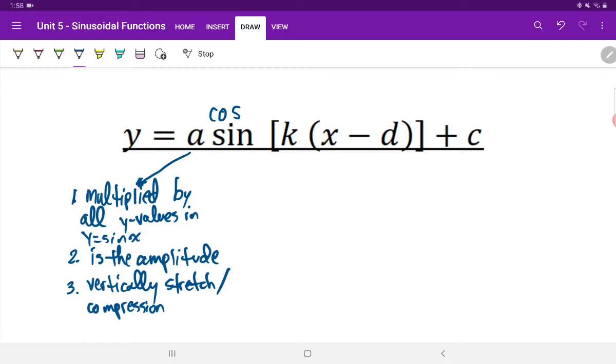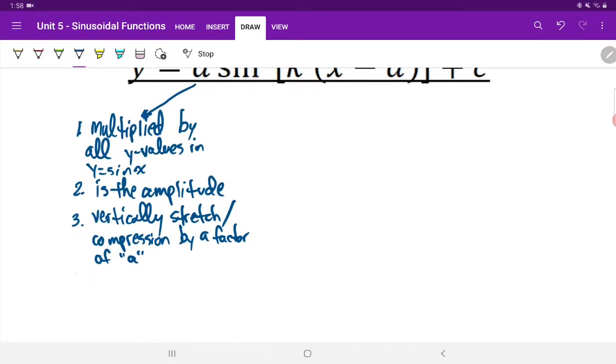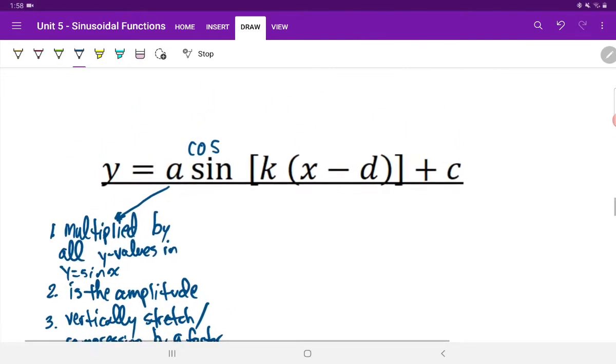If it's between 0 and 1, it's a compression, by a factor of A. And then lastly, if A is less than 0, meaning it's negative, it is reflected across the x-axis. So there's a lot there, obviously. A lot that we covered in what A does to our function.